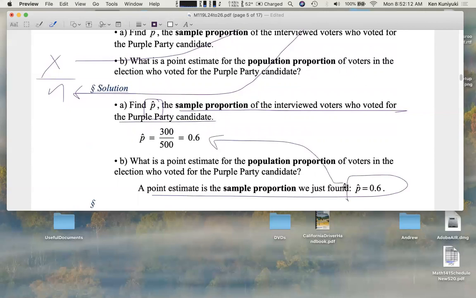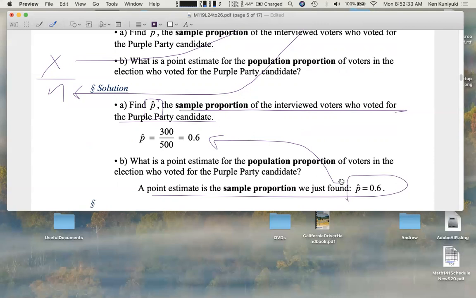If the exit poll said that 60% of the voters voted for the candidate, because 60% of the voters in the exit poll voted for the Purple candidate, then we're going to infer from that that 60% of the voters who voted in the election voted for the Purple Party candidate.